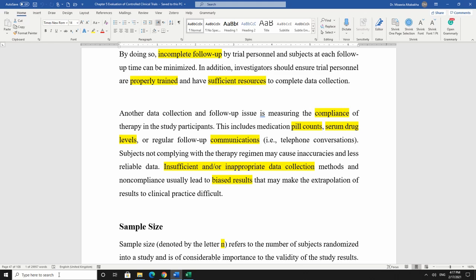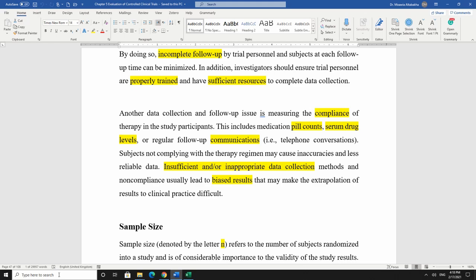Also, if the patient is doing refilling, you might ask the pharmacy or the place where he does the refilling how many times the patient did the refilling. Or you might do a serum drug concentration level.